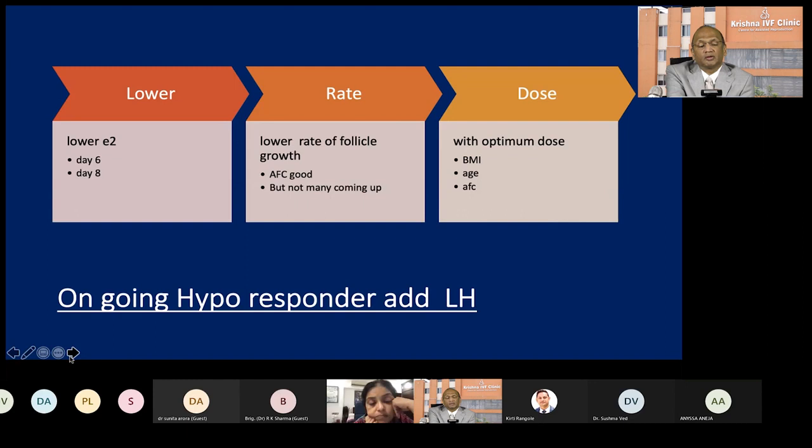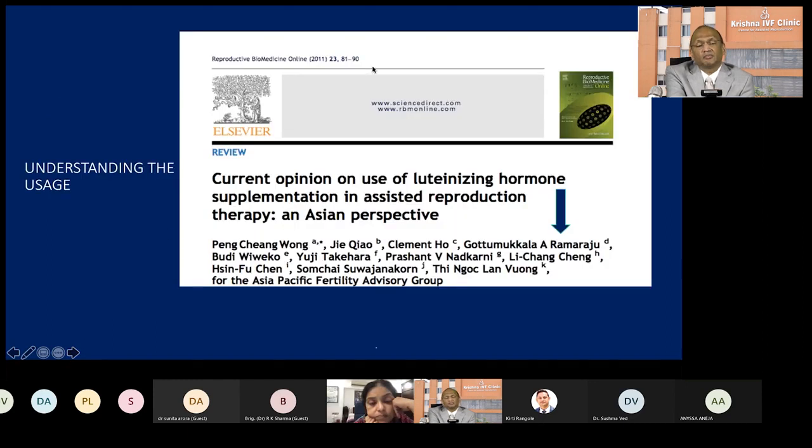And this was beautifully summarized by P.C. Wong in an article that was published in 2011, and I was lucky to be part of this group where this review article has been given, and I would be willing to share this article to the group because it makes interesting reading about the concept of hyporesponder in a much better way of all the articles I have read so far.